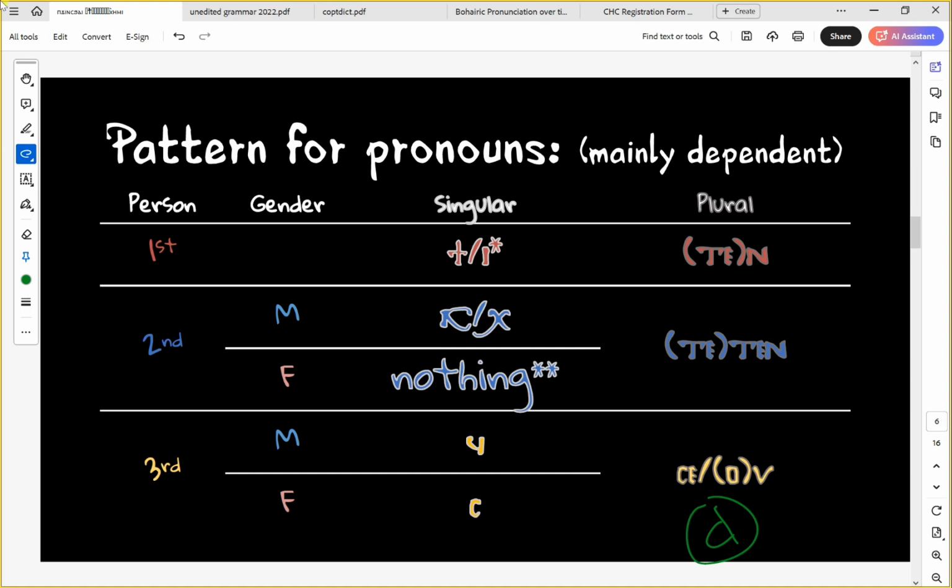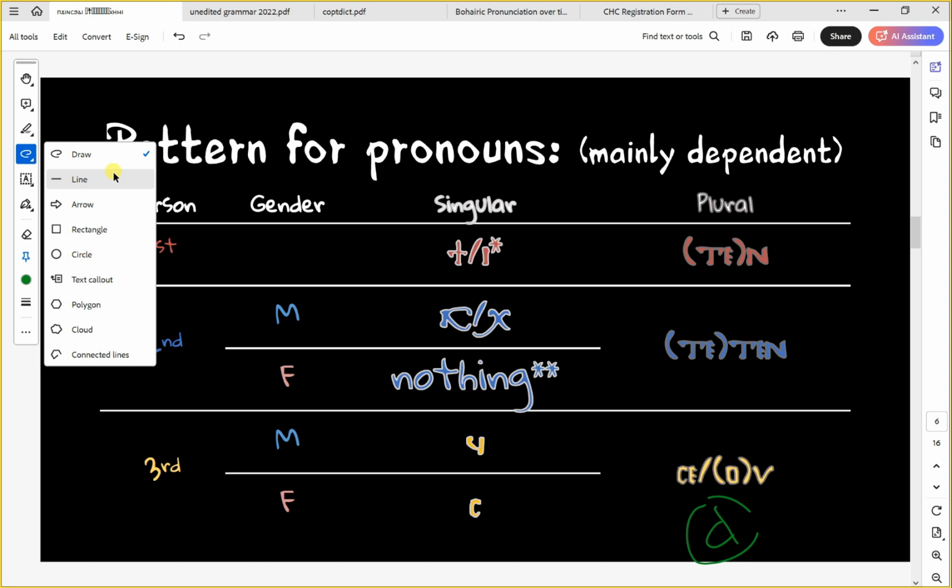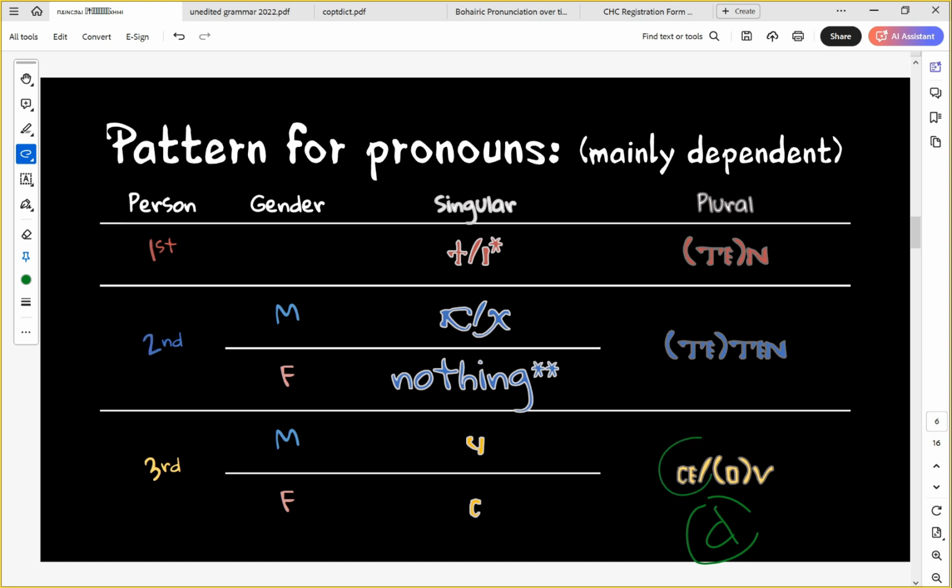Then you have to put the pronoun. You put the pronoun. So it can't be this one because it's not first anymore, so it has to be this one. So technically it would be au, or that's the current pronunciation. The old pronunciation, if it's written like this, it would be ow. So it would be an A with a W. Ow.